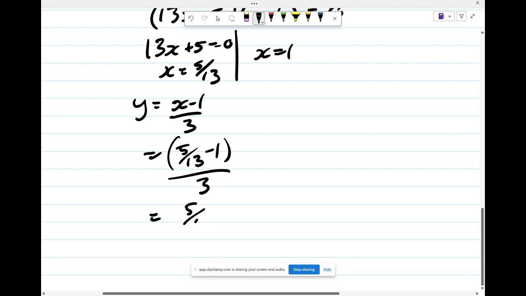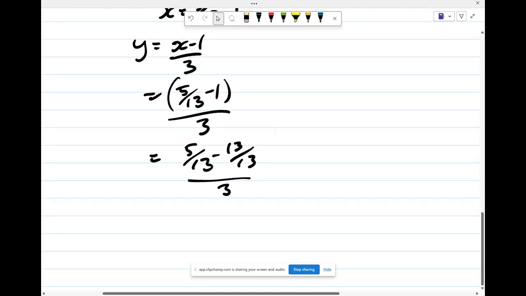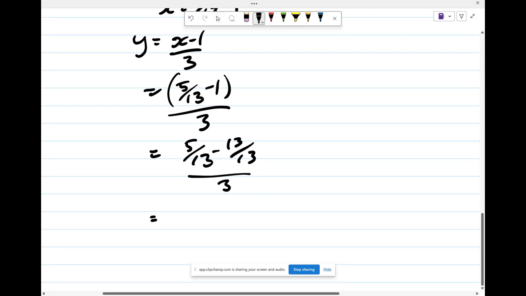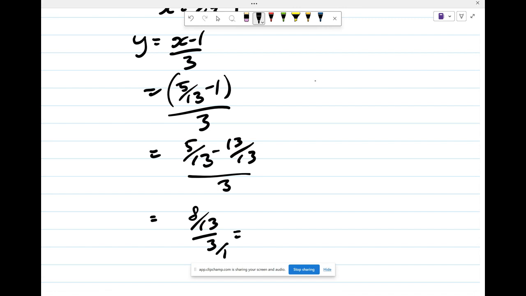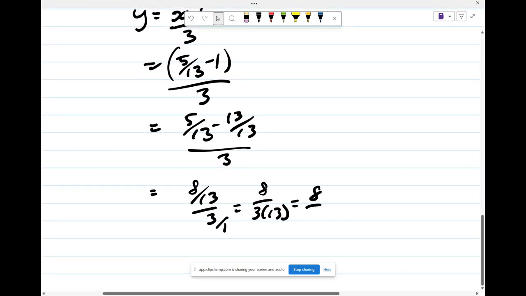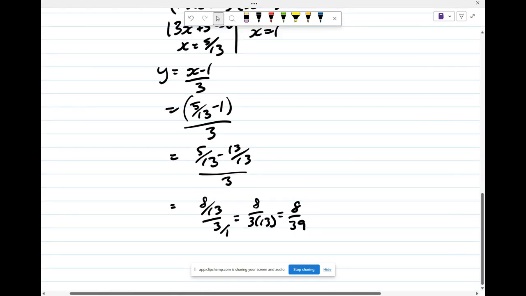So that's 5 over 13 minus 13 over 13, all over 3. That's going to be 8 over 13 over 3 over 1, which is 8 over 3 times 13, so 8 over 39.